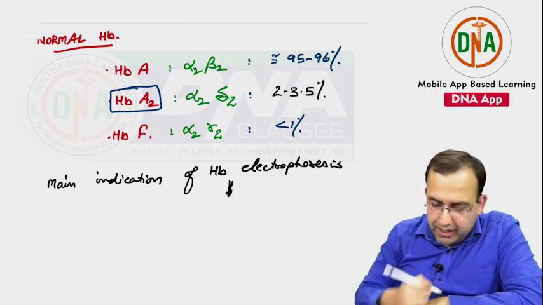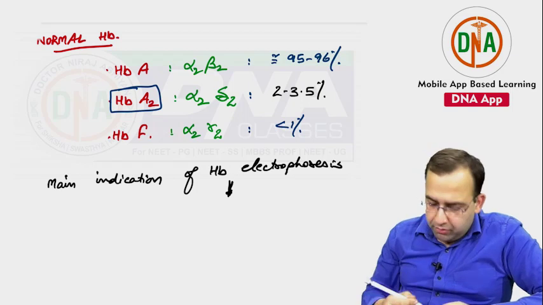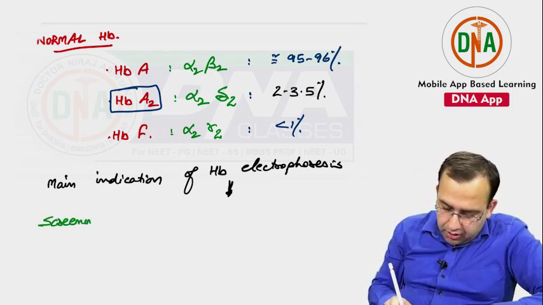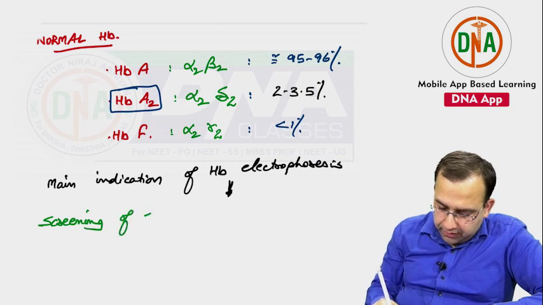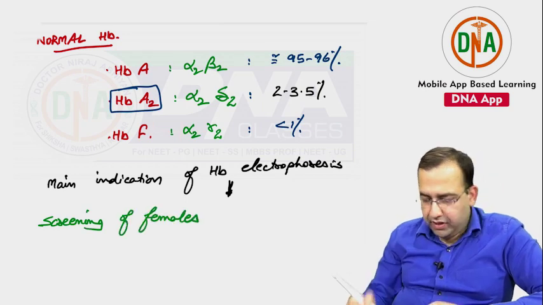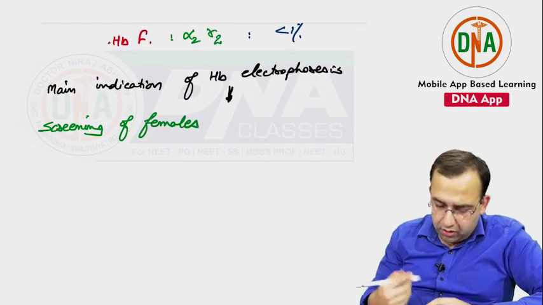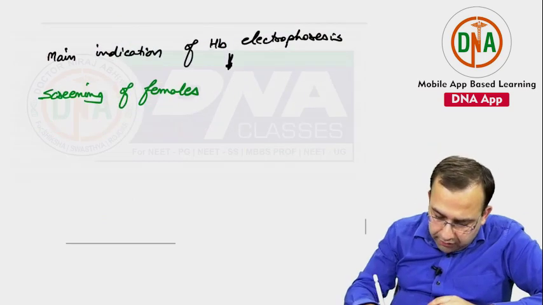So the main indication of hemoglobin electrophoresis is screening of females. Please note I have written the word female, not pregnant. Pregnancy is not a must. Screening of females.